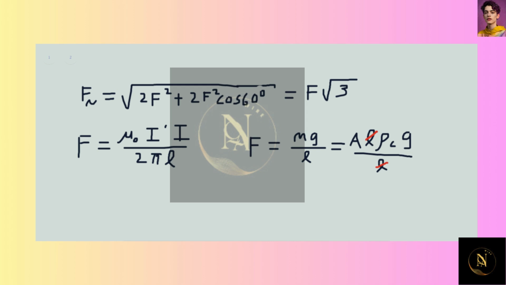And what is the area? Well, the area here is going to be pi r squared, where r is D over 2. So this is pi times D over 2 squared, times rho sub c times G. Well, we know D was the diameter of the wire.